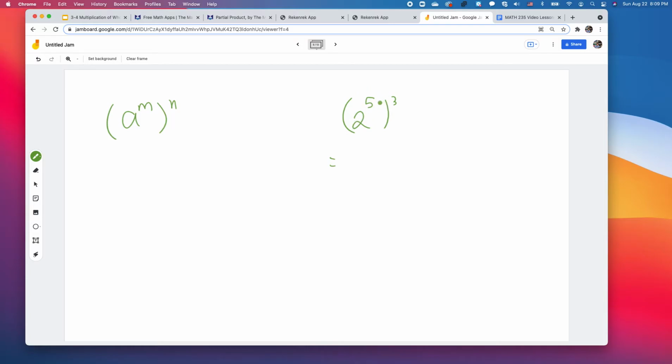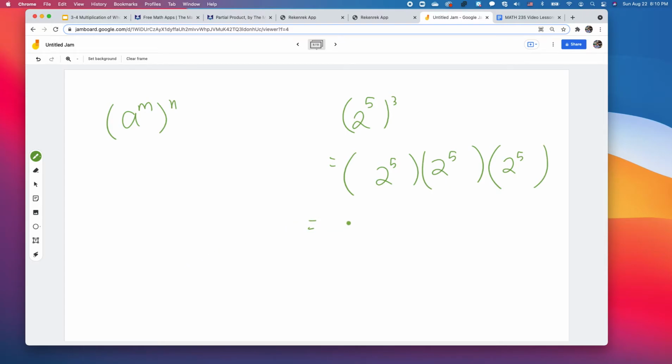Before you do 2 to the 5th power, this to the 3rd power means you're multiplying that 3 times, right? So 2 to the 5th, 2 to the 5th, and 2 to the 5th. So you have 3 groups of 2 to the 5th power. Doesn't that sound familiar? Number of groups of the same number. It is multiplication, isn't it?